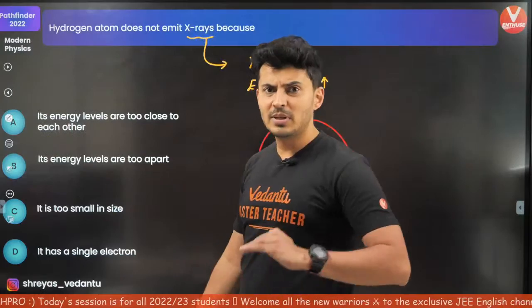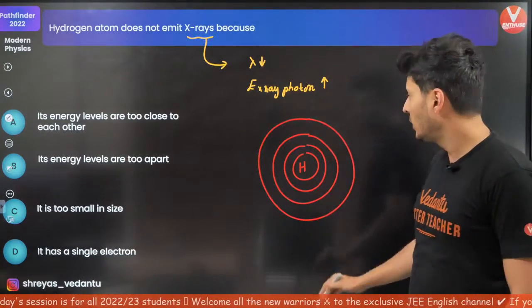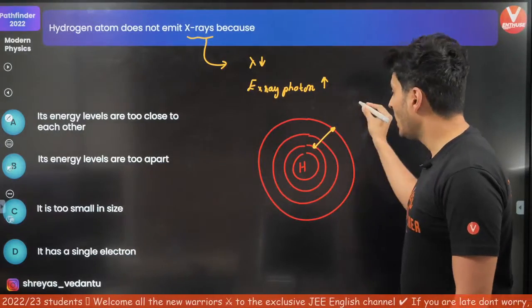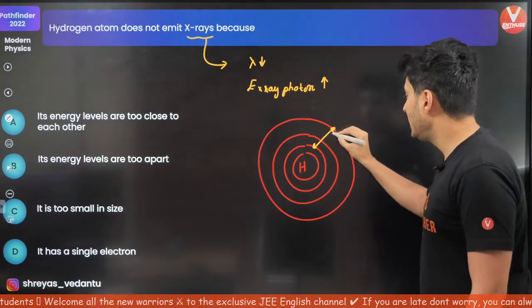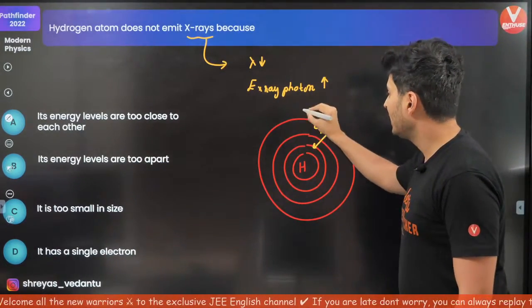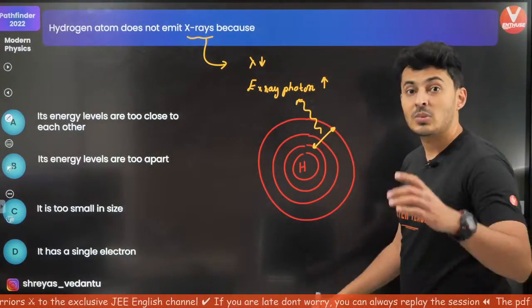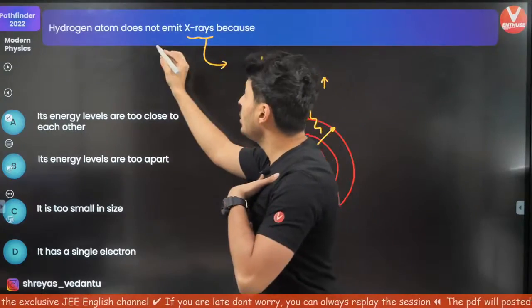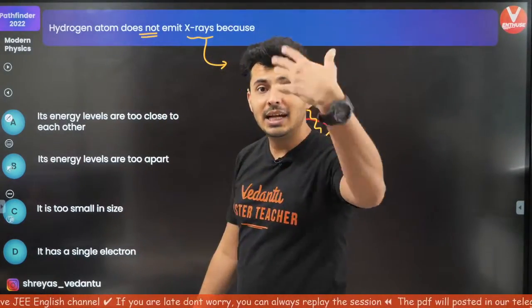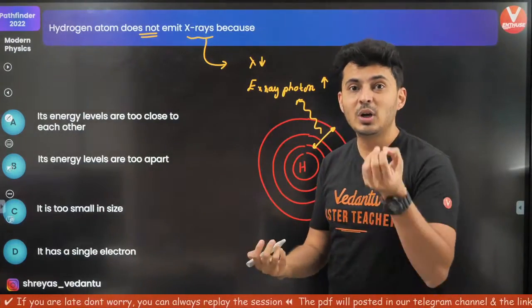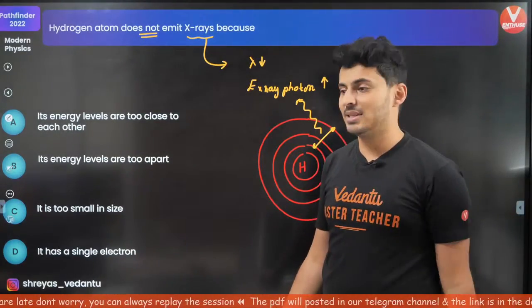The electron can jump from low to high, high to low. So if the electron jumps from high energy to low energy, then definitely you will get the electromagnetic radiation or the photons. Now, if you are not able to get it, that means this energy difference is not enough to match up to X-ray photons energy.